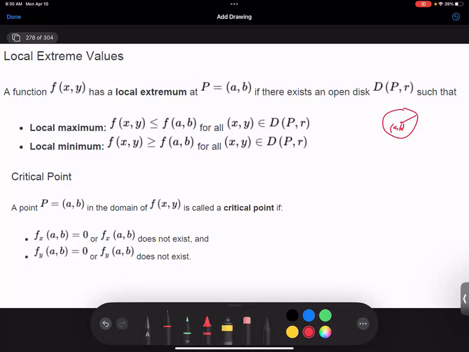Y equals 2? It's supposed to be a function of x and y. So f(x, y) equals... But then why does that have a maximum at (1, 2)?